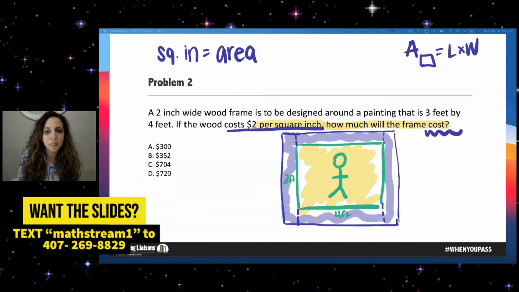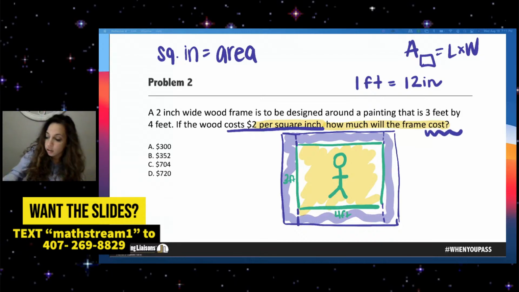Here's the other problem. We were given feet for the painting, but they're looking for the cost in square inches. So I have to convert those feet into inches. I know that 1 foot equals 12 inches.